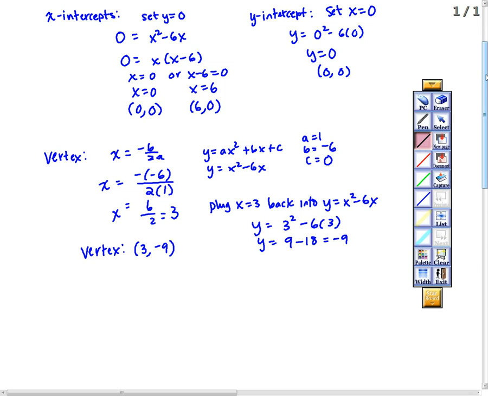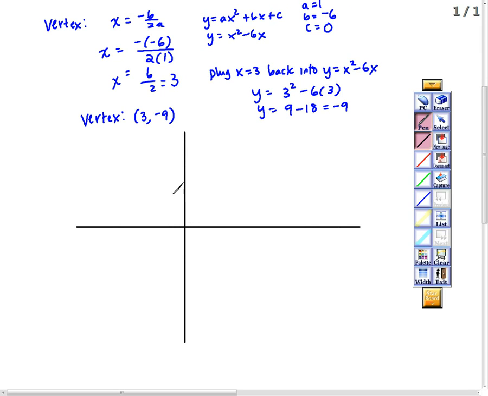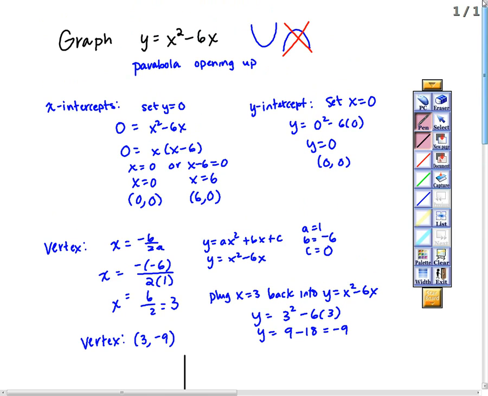Now I'm going to scroll down just a little bit and draw my graph. I need negative 9 at least. Remember, we said this was a parabola opening up, so the vertex is going to be the smallest y value we have.